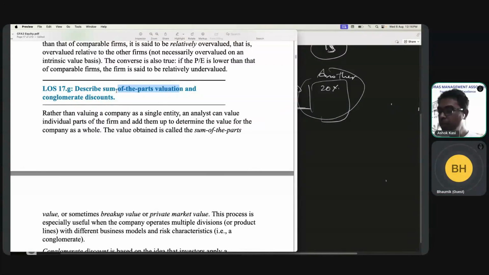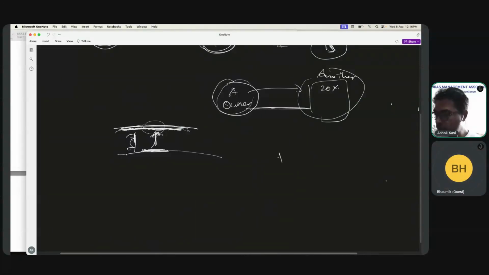Why it will be trading at a discount is because practically, there is one company which is into four other companies. Now, what is the probability of liquidating all these companies and this company getting all the cash in its hand? It's very low. Also, this company might not have control in all those companies.